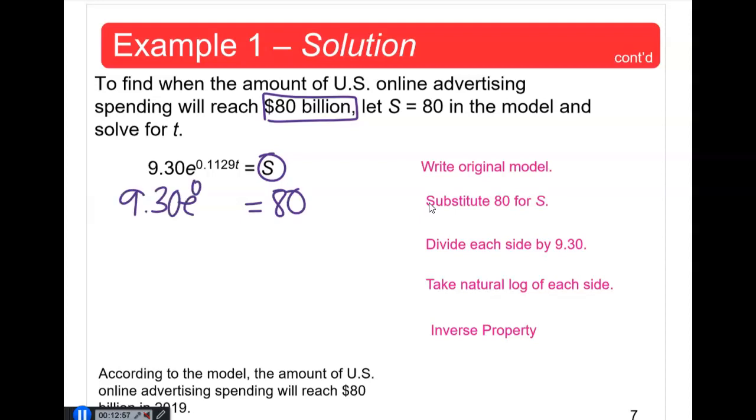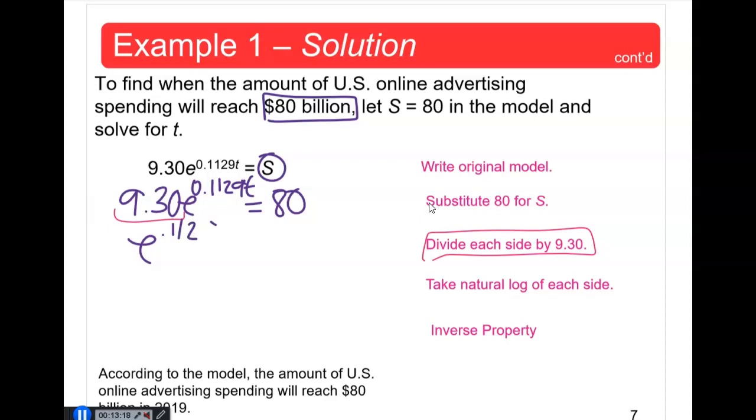Then we have this equation on the left. I'm just going to copy it. Okay, so first thing we will do is take the 9.30 and divide each side by it, so you can do that. I already know it's going to cancel out on the left, so I'm not going to do that.